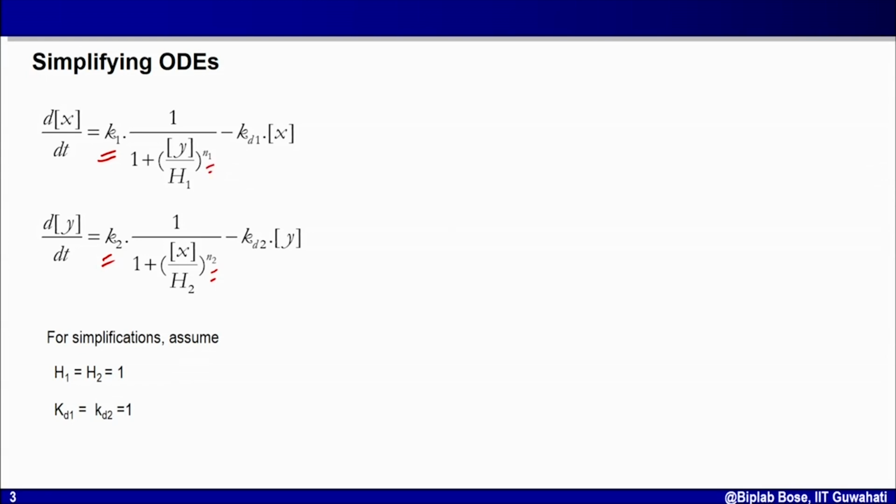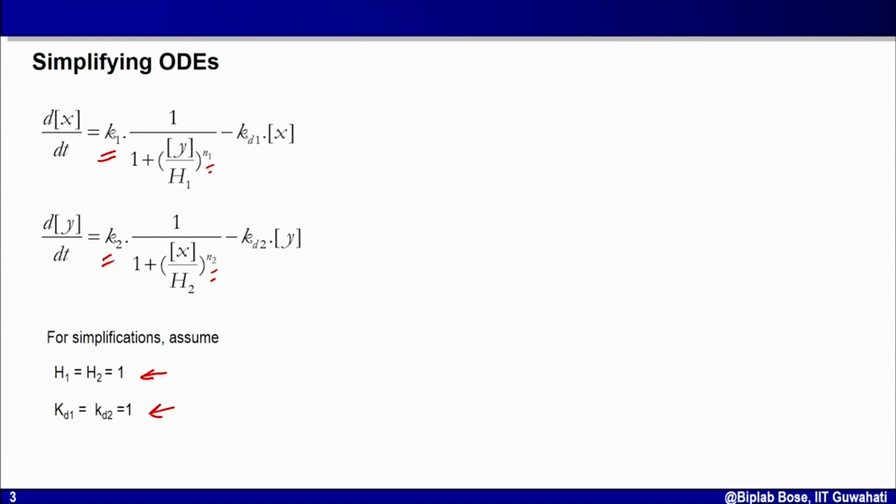So, to simplify this problem, I have considered H1 and H2 both equal to 1, and Kd1 and Kd2 both equal to 1. Essentially, you can normalize all your equations with respect to the rate of degradation and the Hill constant. That will simplify our problem.